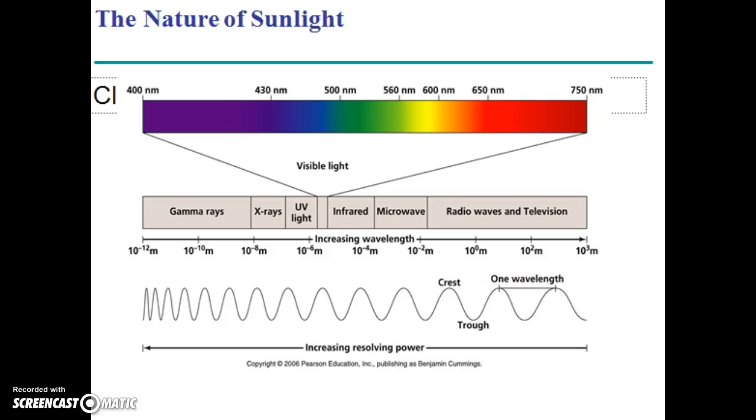So the electromagnetic spectrum is the entire range of electromagnetic energy or radiation. Visible light consists of wavelengths, including those that drive photosynthesis, that produce the colors that we can see. Light also behaves as if it consists of discrete particles called photons. Those photons are relatively important, actually.